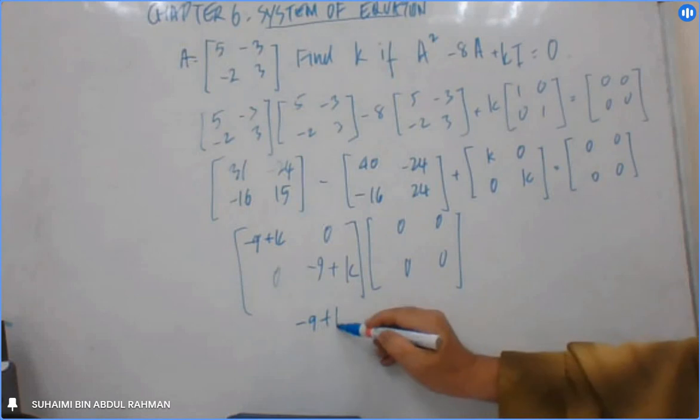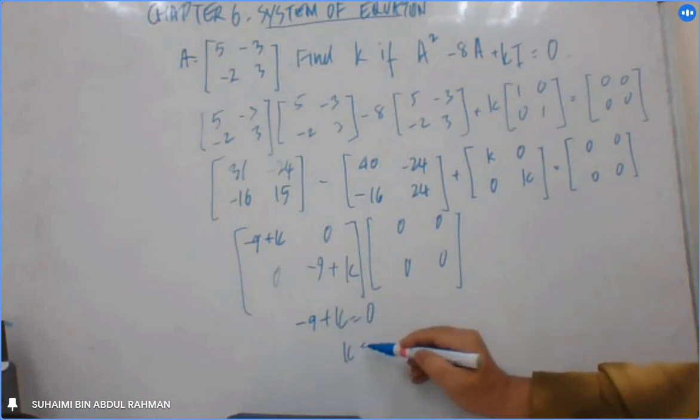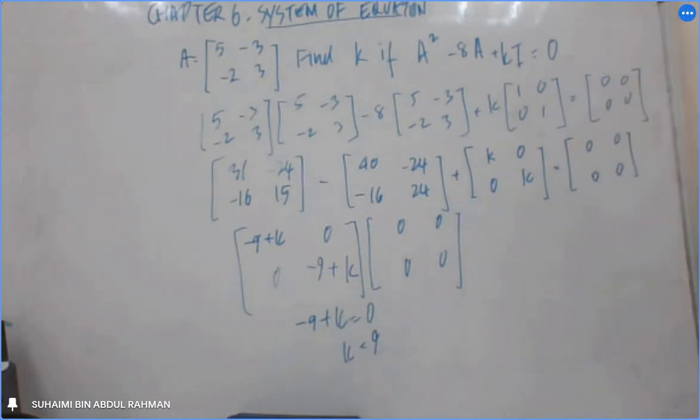Meaning that minus 9 plus K equals 0, so K equals 9.